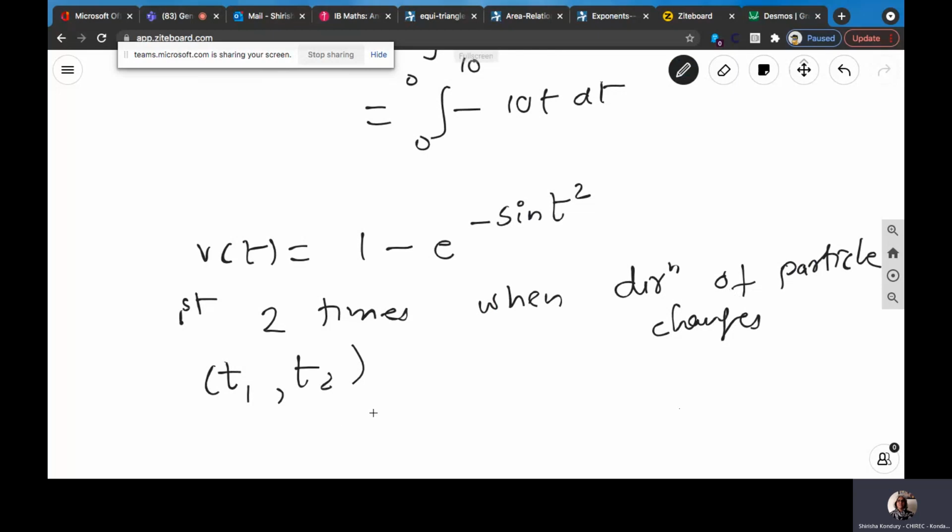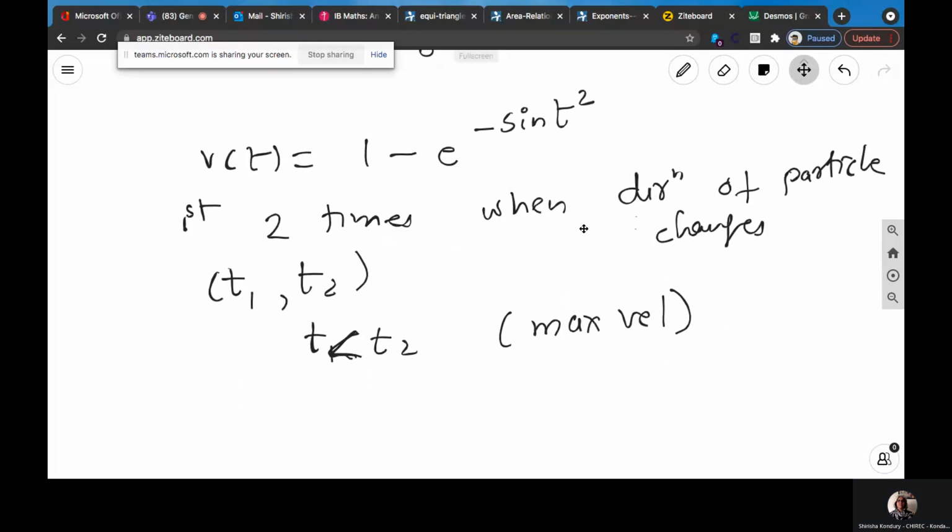How will I know when the direction is changing? When the sign of the velocity graph changes, from positive to negative or negative to positive, then I know that the direction has changed. For time t1, t less than t2, when does it have maximum velocity? That's the next question.